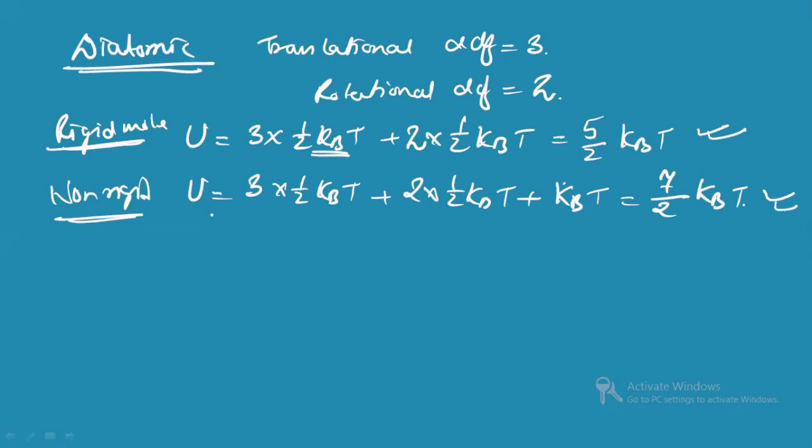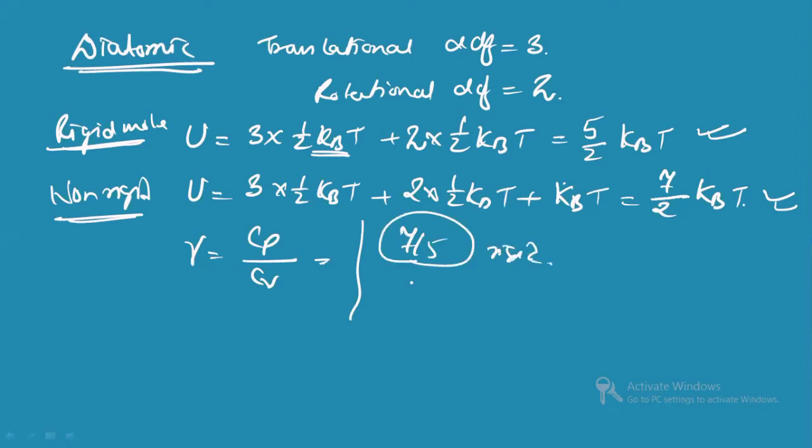Now if you have to calculate gamma, that is equal to Cp by Cv. It will be equal to how much, you know? This will be 7 by 5. This is for rigid. Okay, this is for rigid. And for non-rigid, it will be 9 by 7. How can you calculate? You know the formula for Cp and Cv.